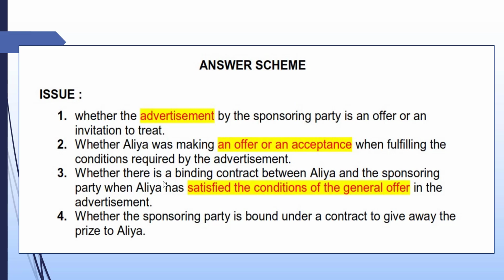And third, whether there is a binding contract between Alia and the sponsoring party when Alia has satisfied the conditions of the general offer in the advertisement. And finally, whether the sponsoring party is bound or not under the contract to give away the prize to Alia. So these are the issues which you have given earlier.